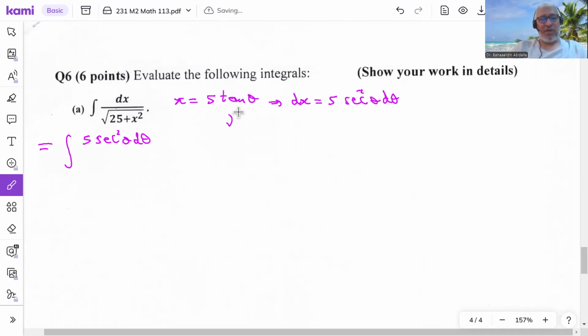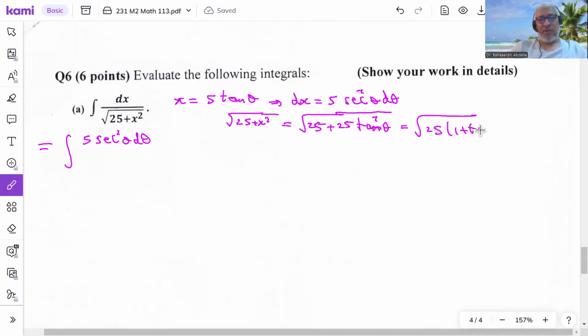And let me check, what will this square root be equal to if we replace x by 5 tan theta? So this would be 25 plus x squared, which is 25 tan squared theta.